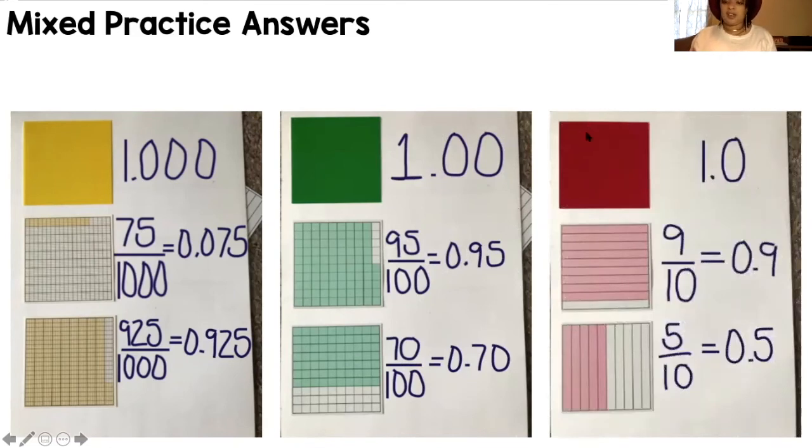Again, I have 1 whole. Now I'm looking at 9 of the 10 shaded in, so I have 9 tenths. And here I have 5 of the 10 shaded in, so my answer is 5 tenths. How'd you do? Did you get that?